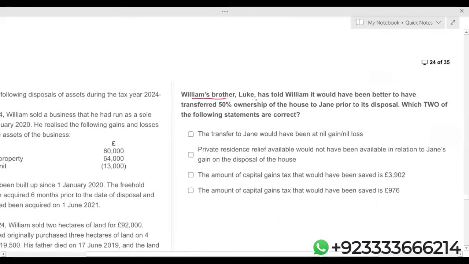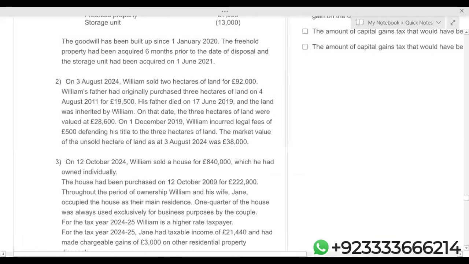William's brother Luke has told William it would have been better to have transferred 50% ownership of the house to Jenny prior to its disposal. Which two of the following statements are correct? The transfer to Jenny would have been at nil gain, nil loss.